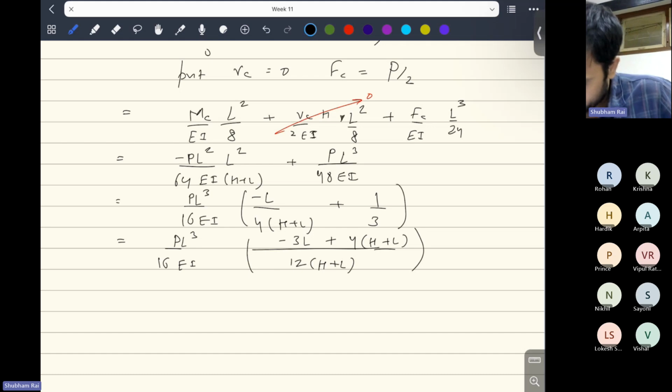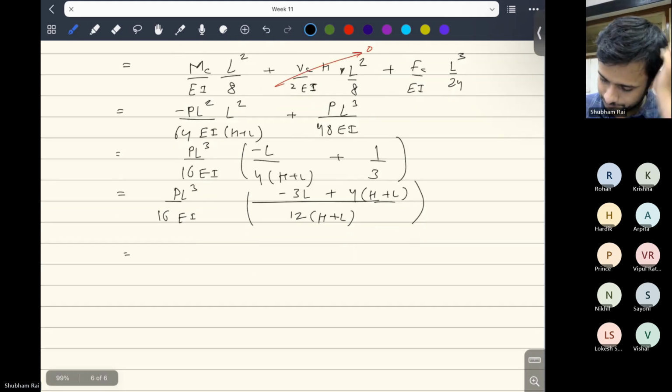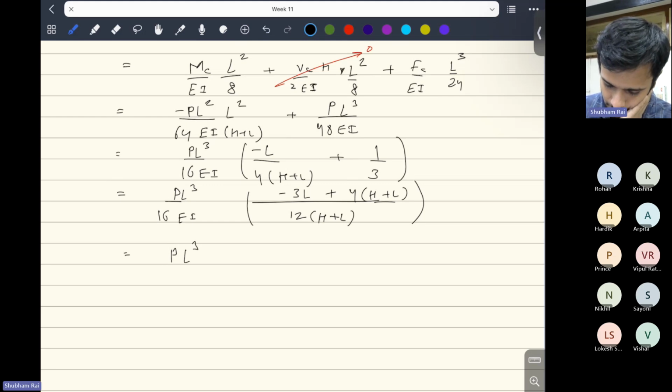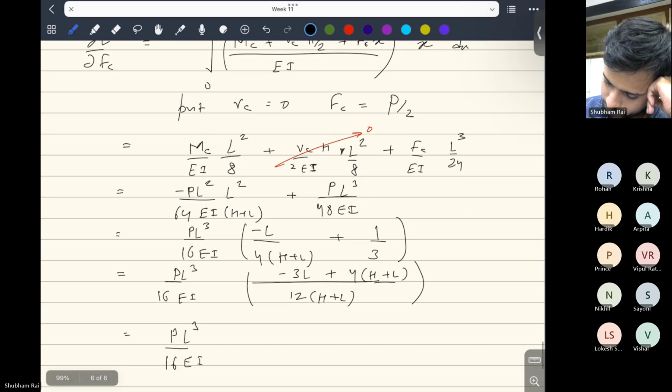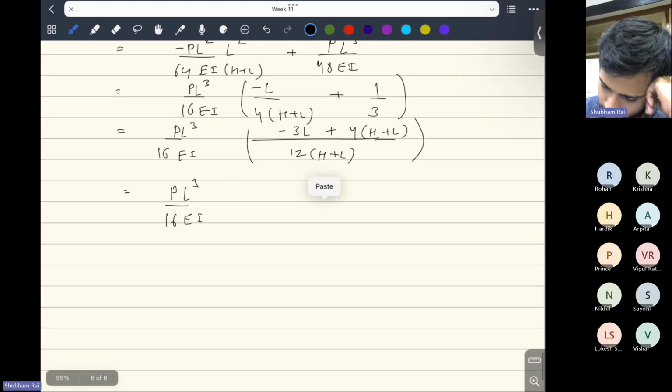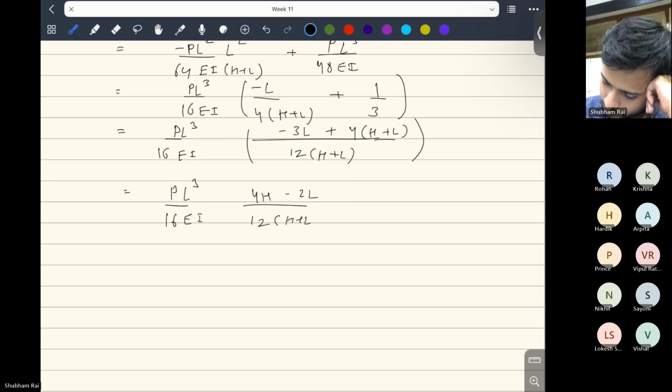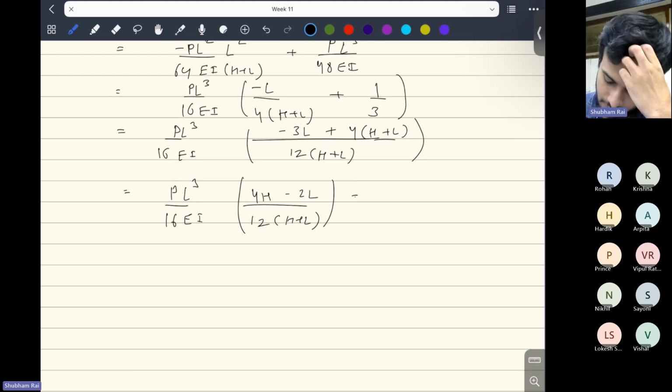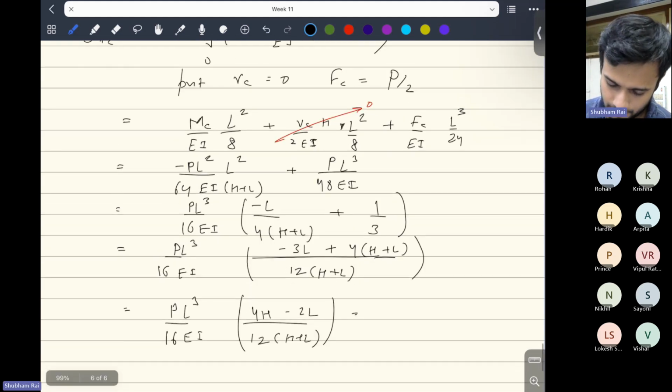So finally, if you solve this, you are getting PL cubed over 16 EI into 4H minus 2L, right? So you can take 2 common from here, so it will get cancelled. So how much do you get? There's some mistake. Let me just see.